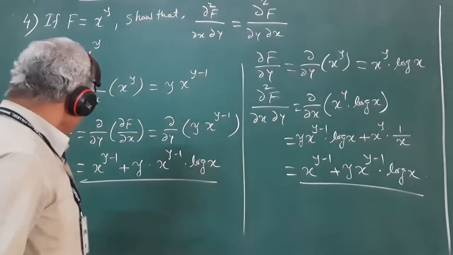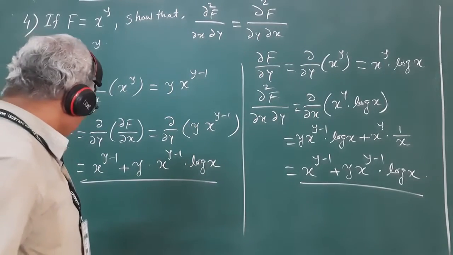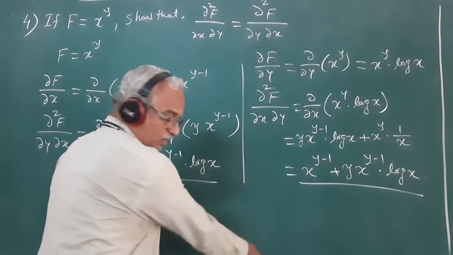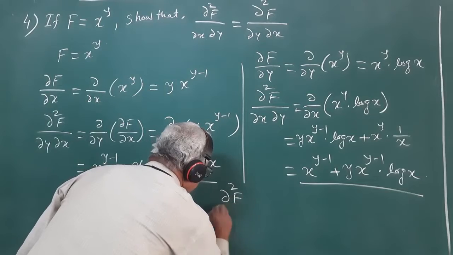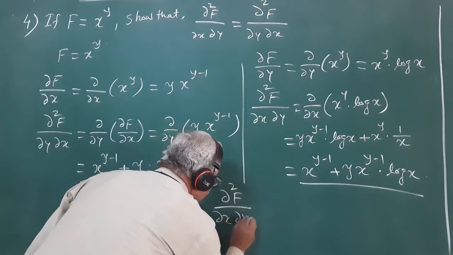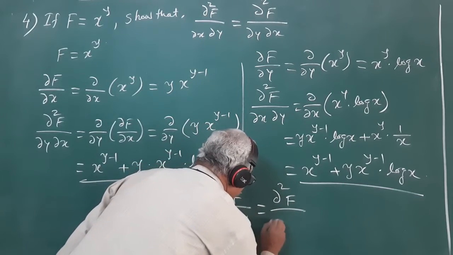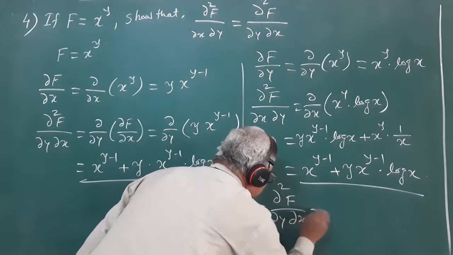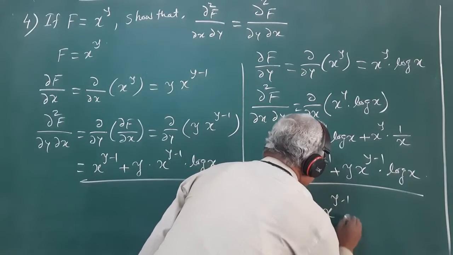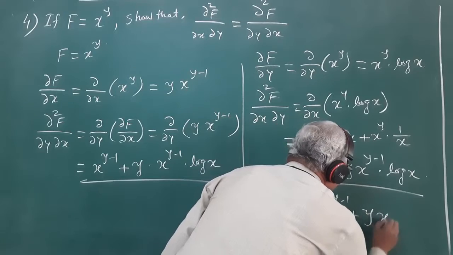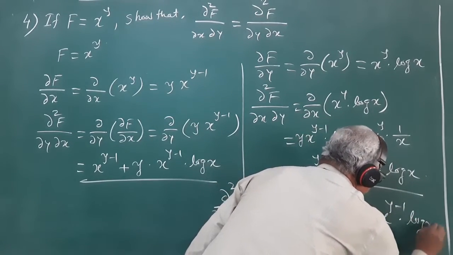If we compare these two expressions, what is observed? We observe that ∂²f/∂x∂y is equal to ∂²f/∂y∂x, and each is equal to x raised to y minus 1 plus y x raised to y minus 1 into log of x.